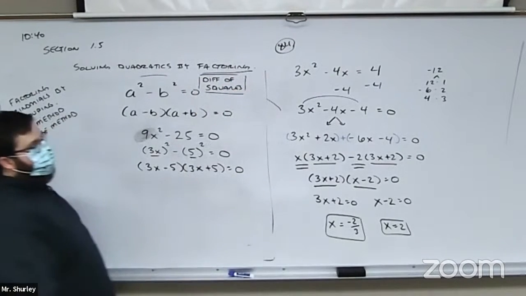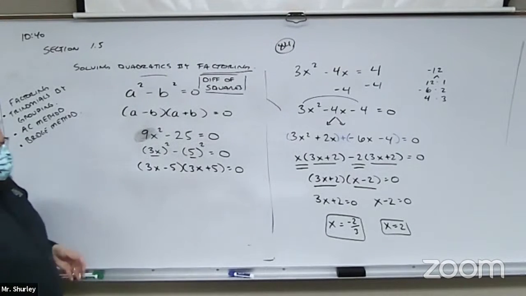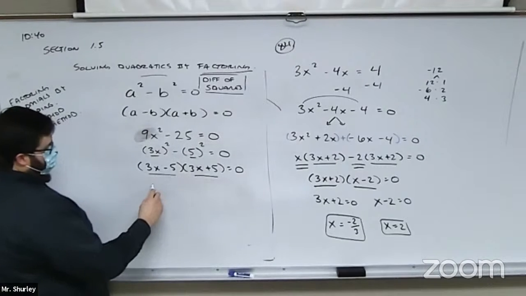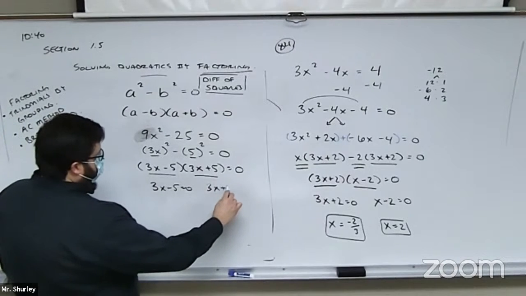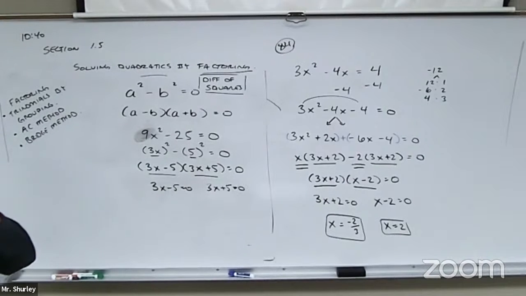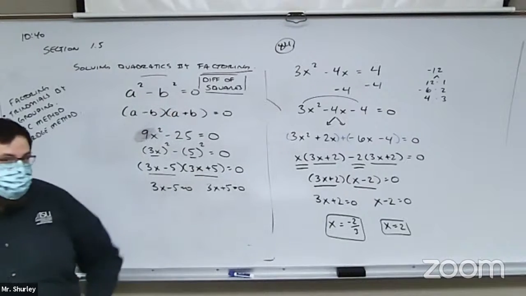And I'm not sure it'll pop up a lot in today's homework, but it is something that just kind of happens. So now look, I'm going to set each one of these equal to 0. And what's going to happen is if you have difference of squares for factoring, the answers are going to be really the same number, just opposite signs.